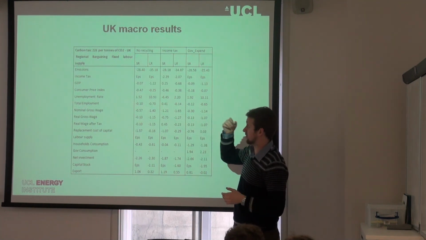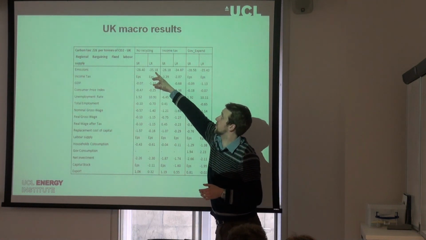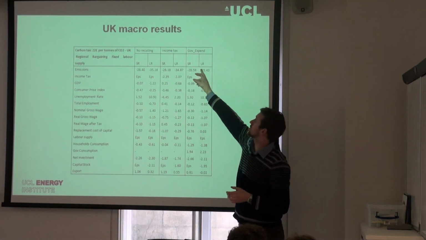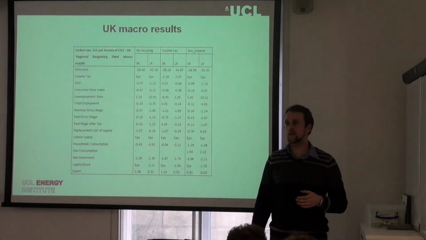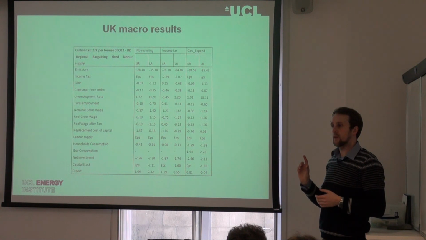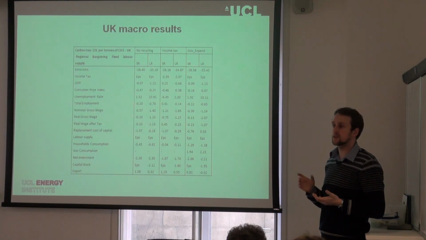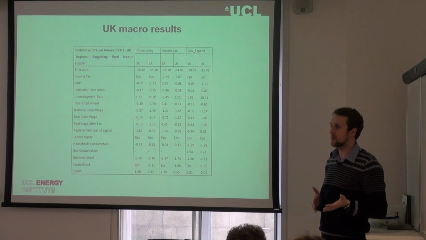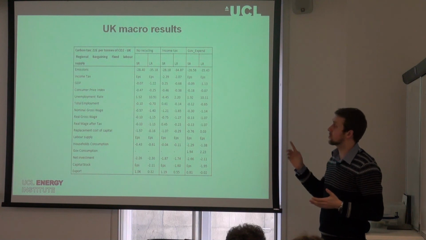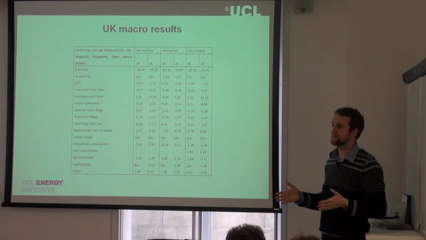So basically the tax was set to make sure that in 2020 there was a reduction of about 35%. I know the Committee on Climate Change's carbon budget is set for 34%, but I was only modelling CO2 within this, and the reduction in CO2 is going to have to be slightly higher.